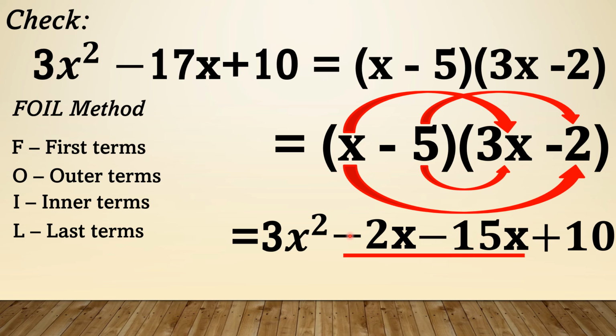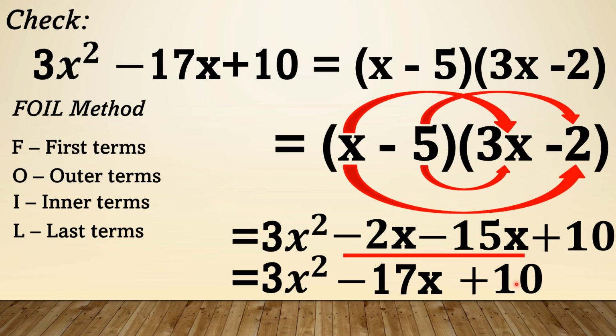Therefore, we are going to combine the like terms negative 2x and negative 15x. So we have 3x squared minus 17x plus 10. So it is the same with the given trinomial. Therefore, the factors that we have obtained are correct.